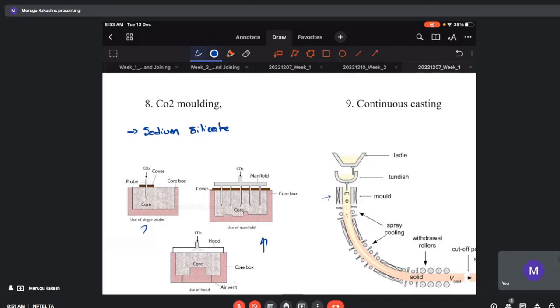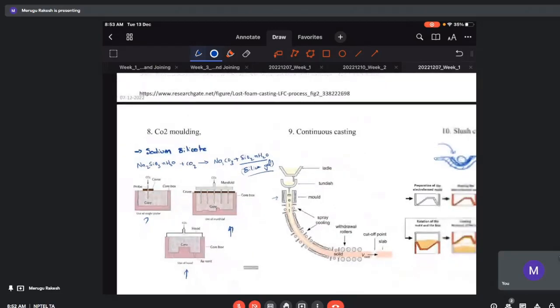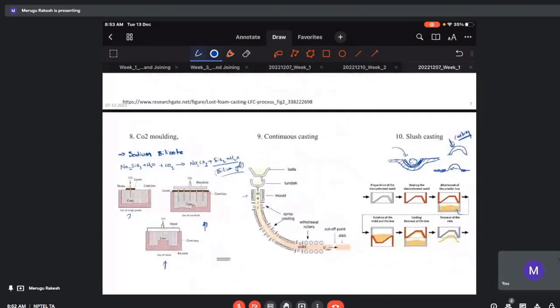So if you want to see this reaction, sodium silicate Na2O3, with water, when combined with CO2, we get sodium carbonate and the silica gel, which I'm talking about. This is the silica gel. Okay, that's the chemical. That's the whole thing about the CO2 gas.